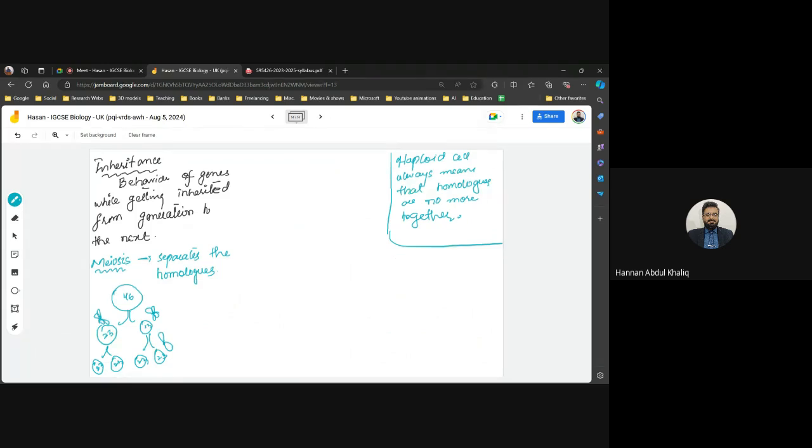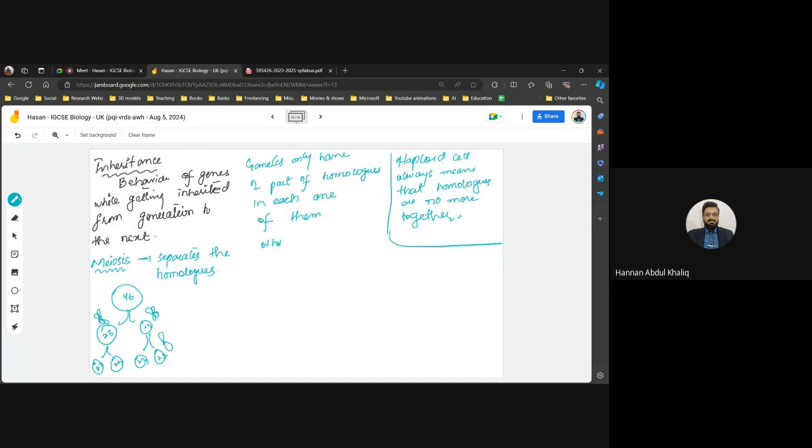Is that difficult to understand? Okay, I understand. The homologs have been separated, meaning that the gametes only have one part of the homologs in each one of them.